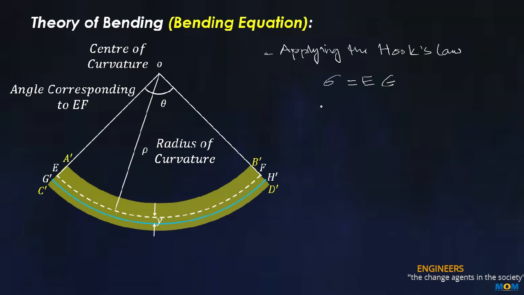So epsilon is equal to sigma upon E. Now here this sigma is sigma b, which is the bending stress, and E is the Young's modulus of the material.